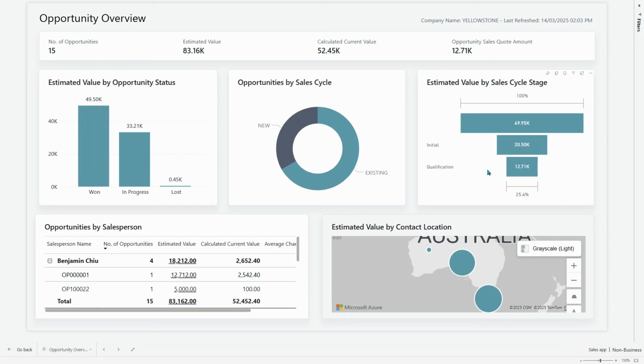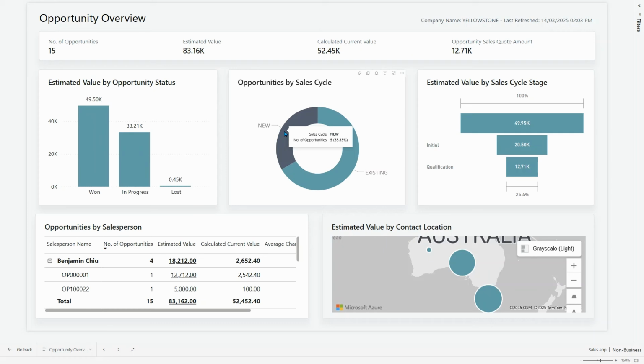So the opportunity overview report has, like many of the reports, some key KPIs or numbers in the top here, and then you have different aspects of opportunities. For instance, the value by status. So here you see won or in progress or lost opportunities.